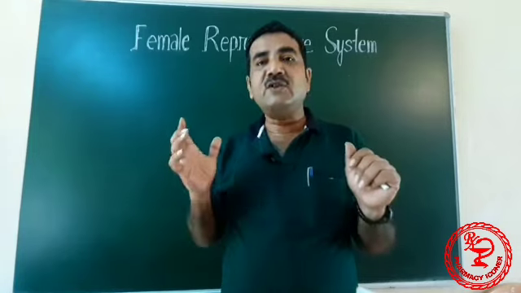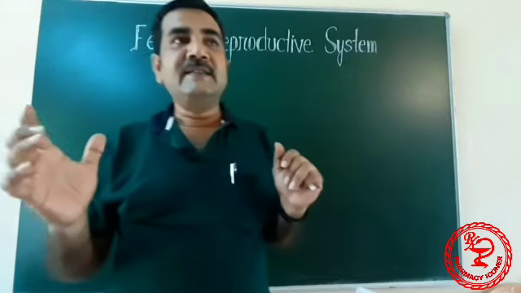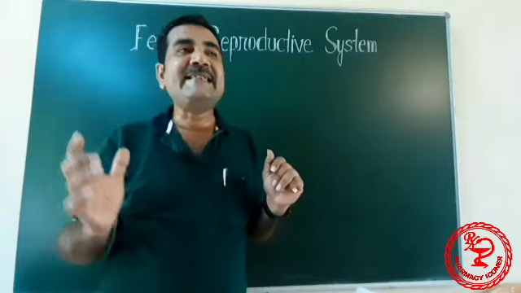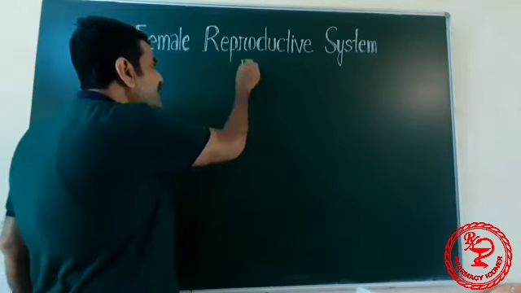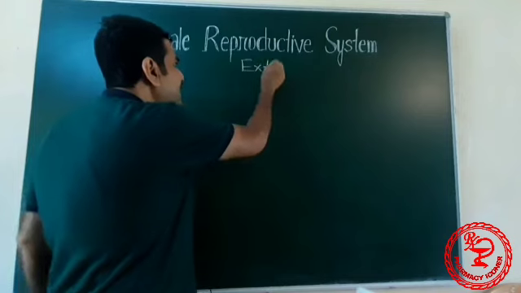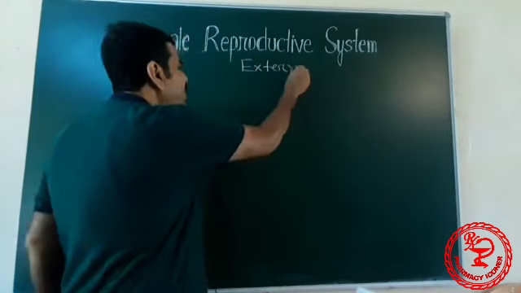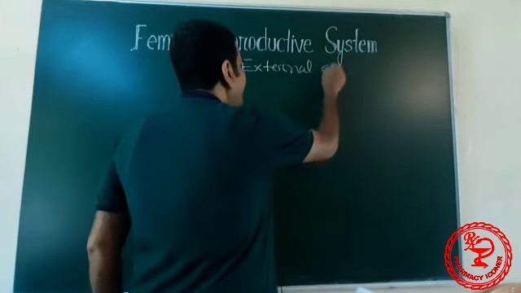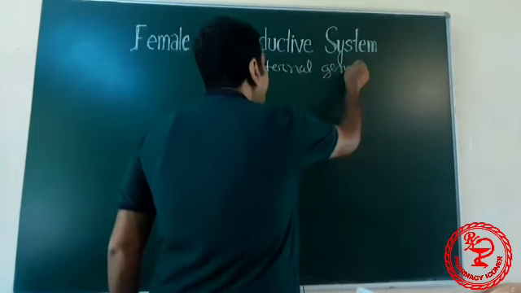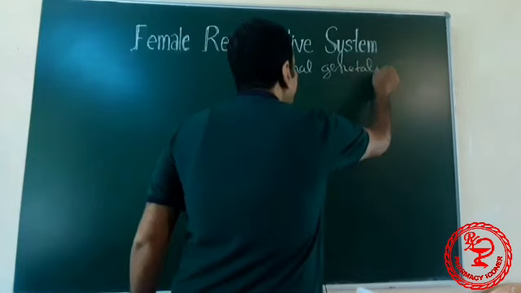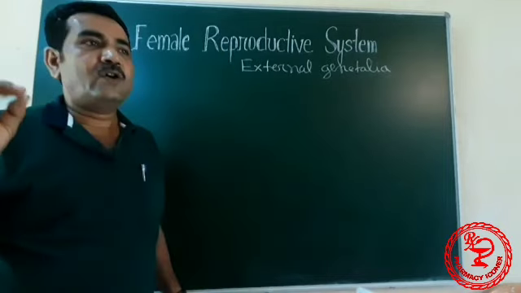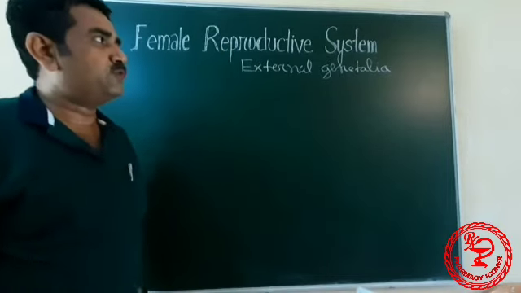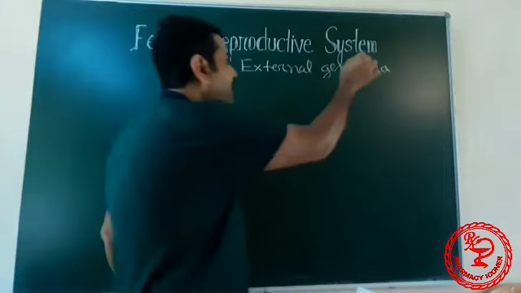Now first we will discuss the external genitalia. External genitalia is a combination of various organs jointly called vulva.